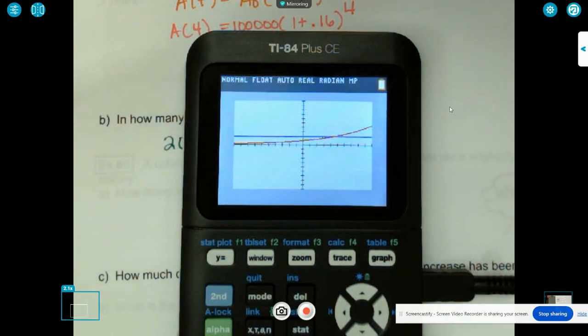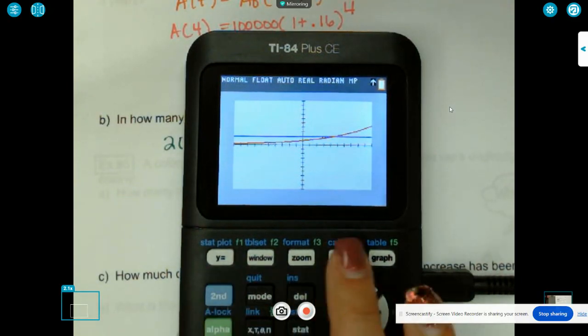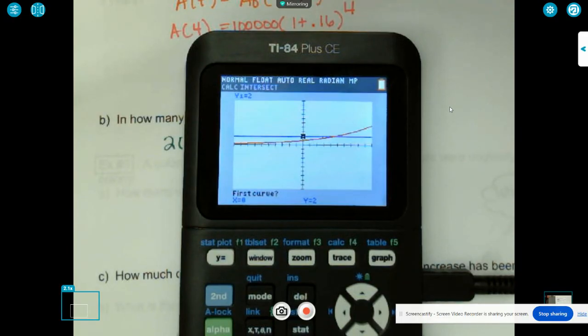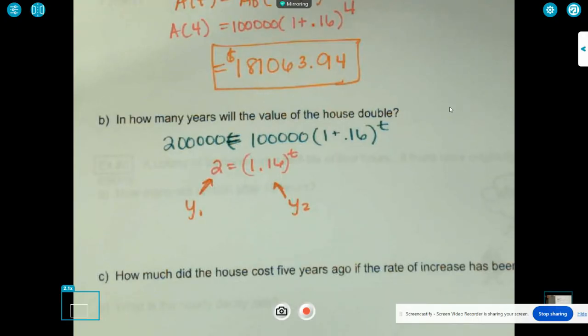All right, we ready? How do I find the intersection? Second, trace, 5, and then we just hit enter, enter, enter. Boom, there it is. So what is our number? 4.6702. Or 1, either way, 4.6701, 4.6702. So I'm going to say 4.